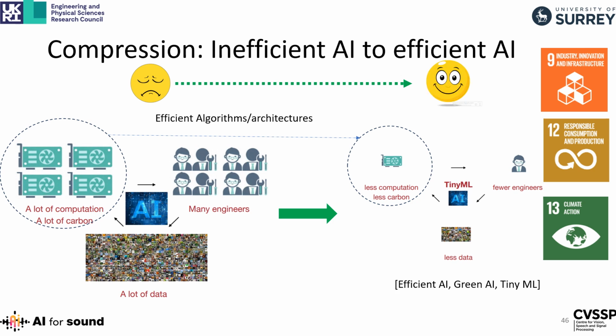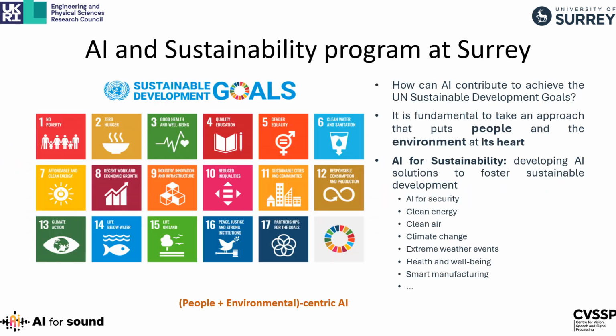Within the University of Surrey, we have this AI sustainability program, where across the university people are targeting sustainable goals and using AI for sustainability, for example, AI for security, clean energy, or climate change. The whole approach is embedded in a people-centered approach.